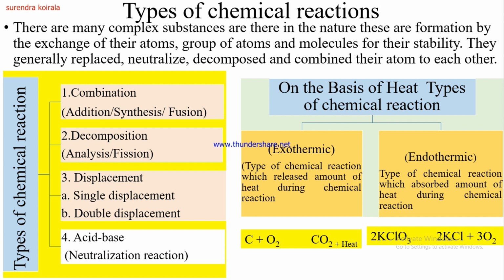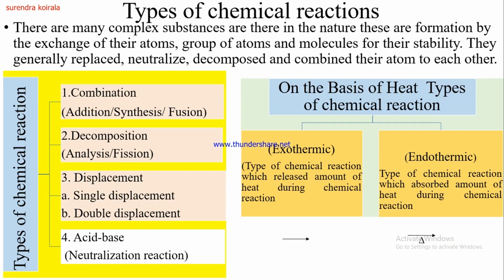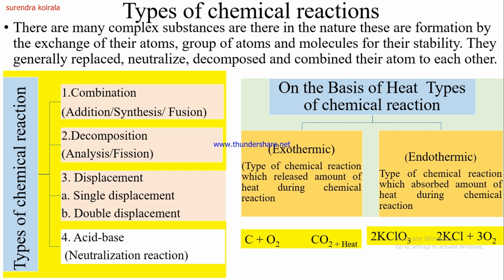An endothermic chemical reaction is the type of chemical reaction which absorbs or requires certain amounts of heat during the chemical reaction. These types of chemical reactions are known as endothermic chemical reactions.